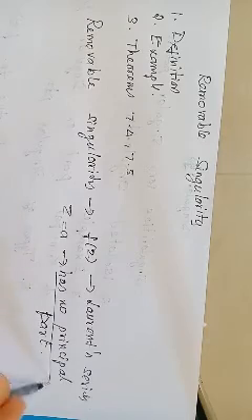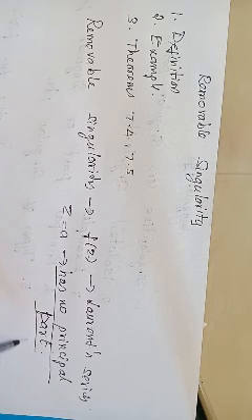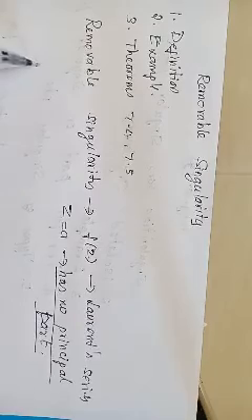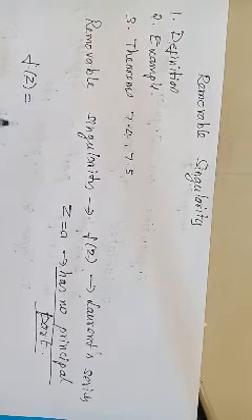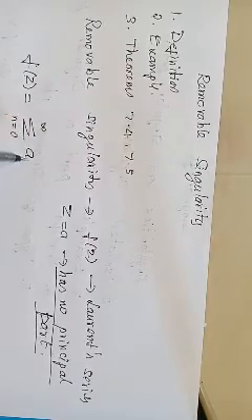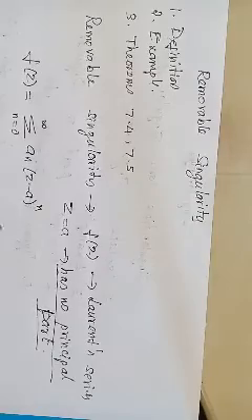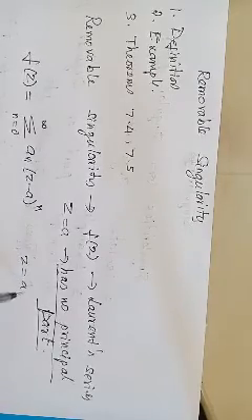What is the principal part in a Laurent series? The negative powers in the expansion of the Laurent series are said to be the principal part. If there is no negative term, what happens to f of z? It becomes summation n equal to 0 to infinity a n into z minus a whole to the power n when we expand about the point z equal to a, where a is the singular point.